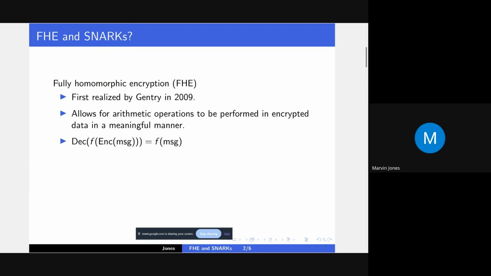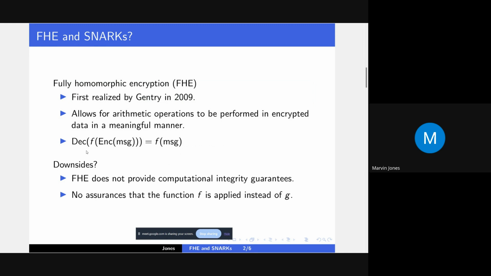What meaningful means is that if I perform the same operations on the plaintext message, it will be the same as if I had done the operations on the encrypted message and then decrypted it. That's the key. So F here is just some arithmetic function, again, using addition and multiplication.